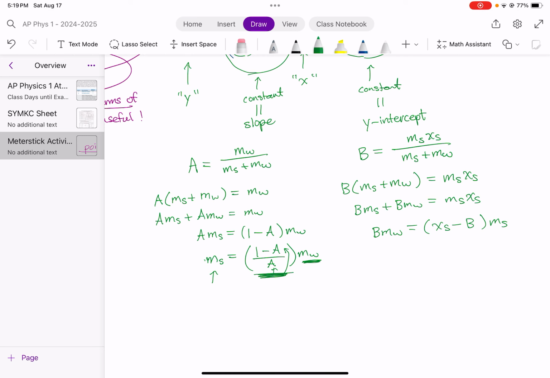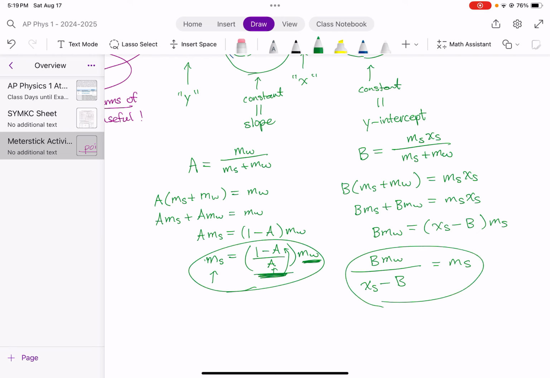And then divide both sides by that quantity. So we have BMW, like the car, divided by that quantity, which should also be a formula for the calculated value of the mass of the stick. Nice. So we have two different ways to get a calculated value for the mass of our stick.